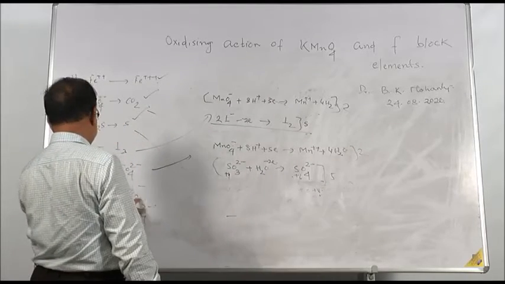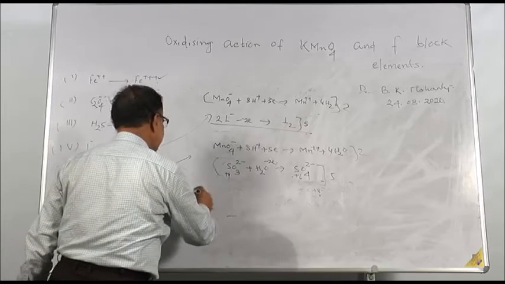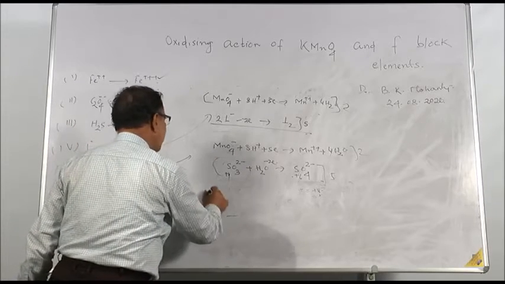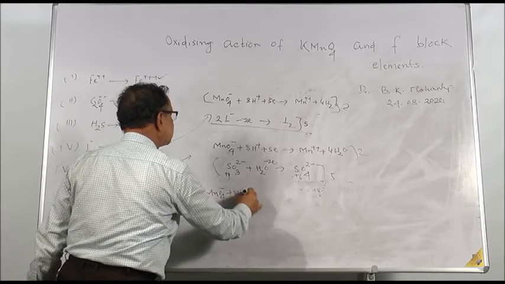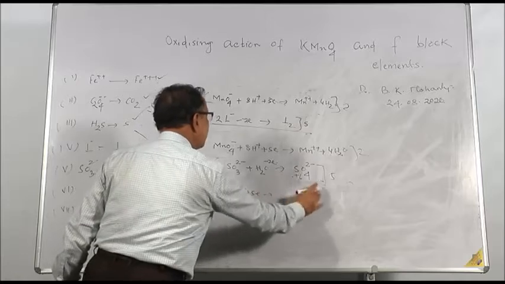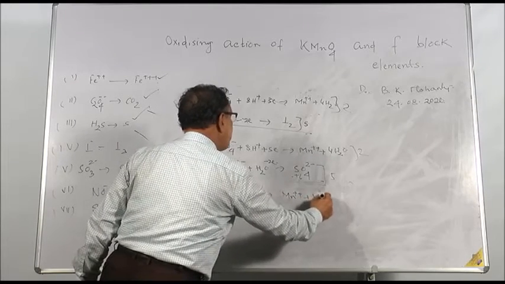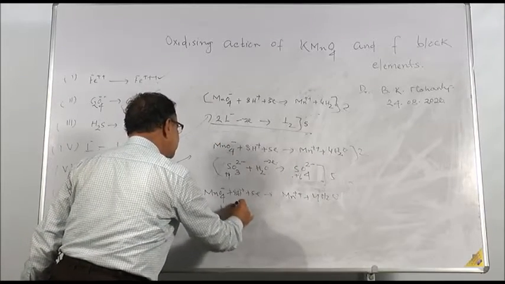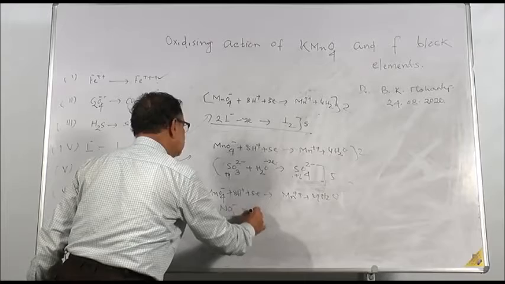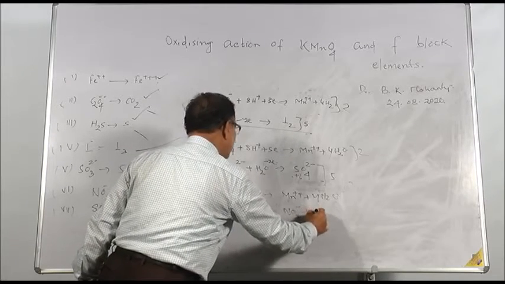Similarly NO2 minus to NO3 minus. NO2 minus we may write in a similar manner: MnO4 minus plus 8H plus plus 5e forms Mn2 plus plus 4H2O. NO2 minus plus H2O forms NO3 minus plus 2H plus.